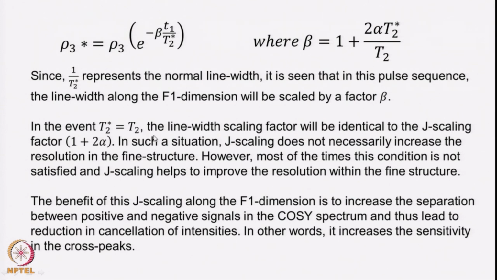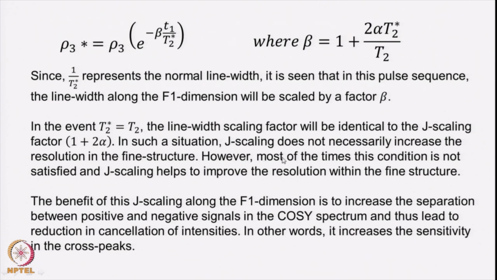The individual components in the cross peaks or the diagonal peaks will have a line width, and we are trying to increase the separation between those components by scaling the J values, so that they appear more resolved. However, if the line widths also increase by the same factor, then you do not achieve a significant improvement in the resolution.